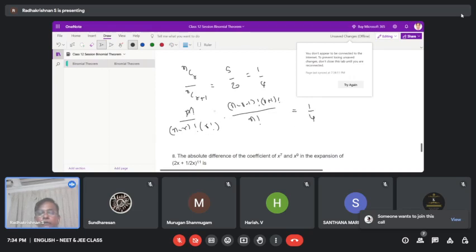So I cut out this n factorial. I cut this r and (r plus 1) factorial, so you get r plus 1 here. Similarly, you cancel (n minus r minus 1) and (n minus r) factorials. What remains is n minus r.